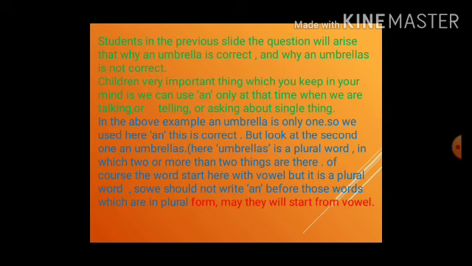This is correct. But look at the second one, an umbrellas. Here umbrellas is a plural word in which two or more than two things are there. Of course, the word starts with a vowel, but it is a plural word. So we should not write an before those words which are in plural form, even though they start with a vowel.